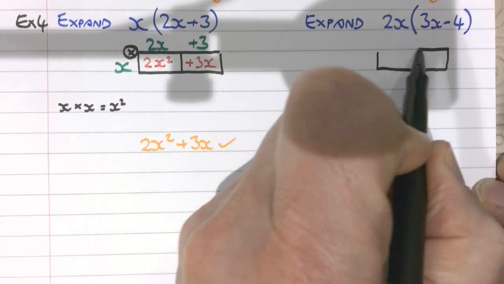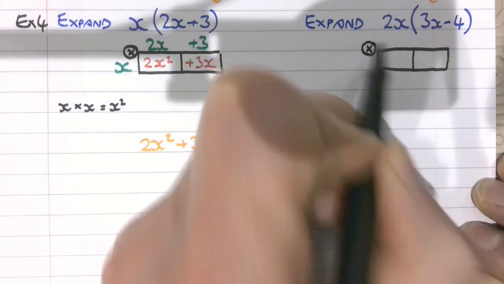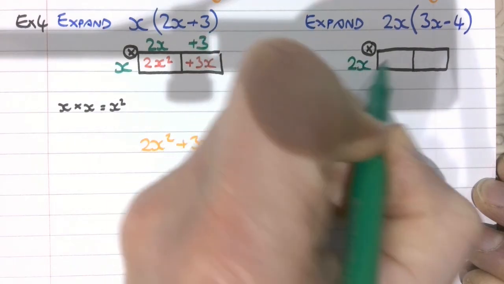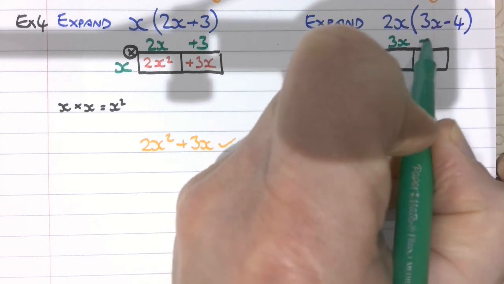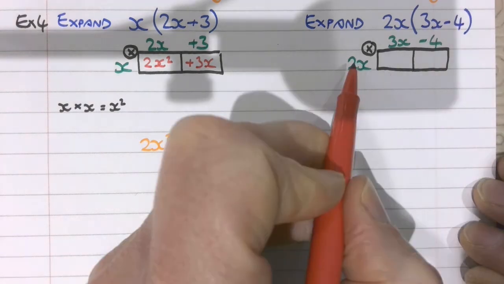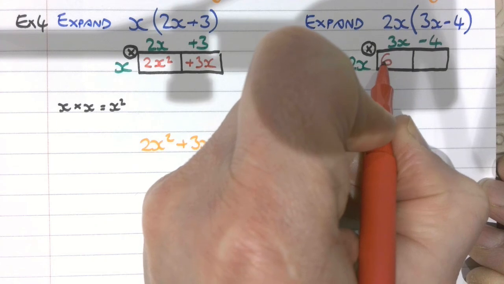Last one. This one's very similar, but we've just got a bit of a negative in the question. So I've got 2x times 3x take 4. So a bit like example 3, what I'm going to do here is multiply the two numbers together. It's going to give me 6.